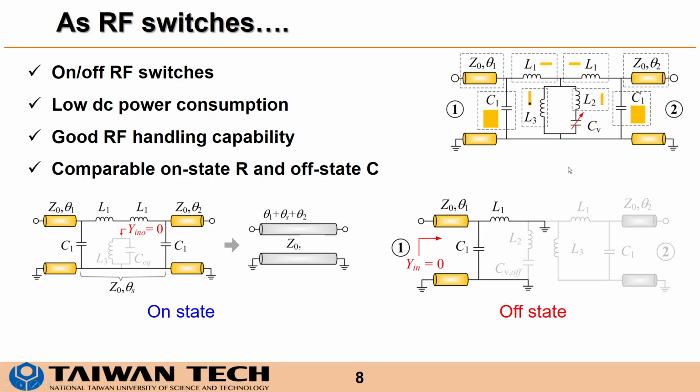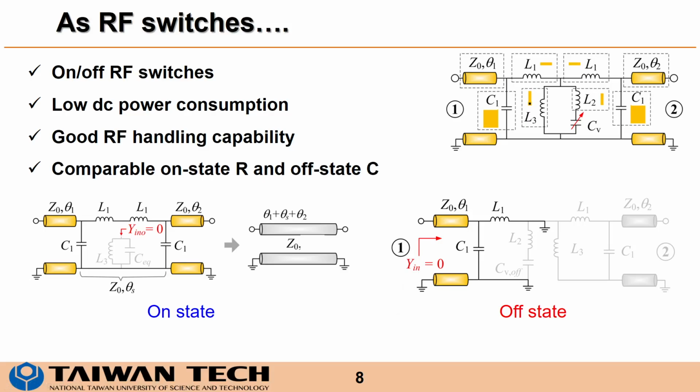The structure operates in two different modes, on-state mode and off-state mode. In the on-state mode, the design is equivalent to a transmission line, which has characteristic impedance Z0, and the electrical length is the combination of θ1, θs, and θ2. Then in the off-state, the LC circuit is operating at the resonant mode, resulting in infinite input impedance, that is, Y_in equal to 0.